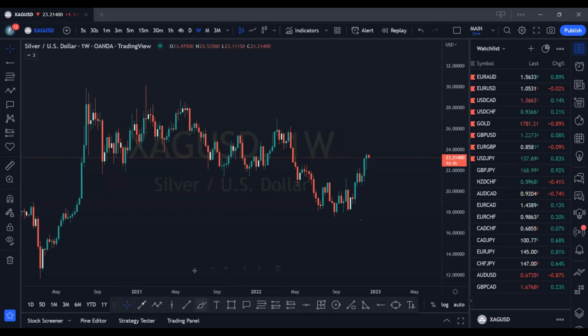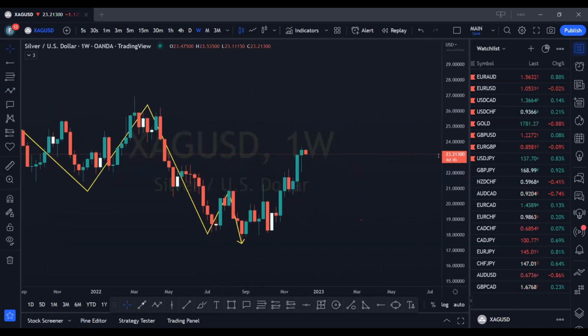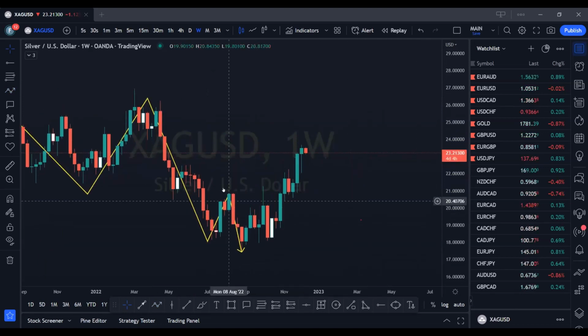Okay. So price, as you can see, is trending down like so. And then what do we see? We are seeing a possible change of trend here. This higher low was broken. Is it higher low now or lower high?